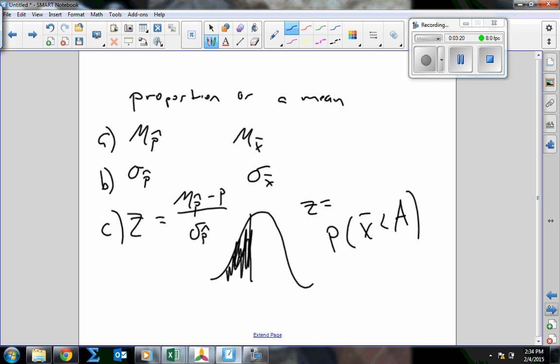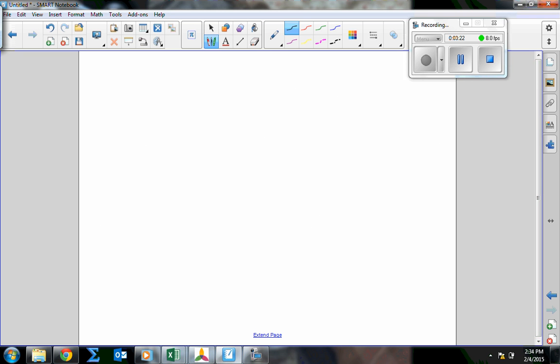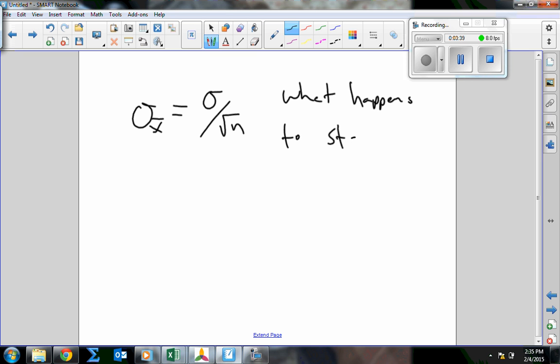Another reason it is imperative that you know the formulas is that you can comment on things like this. What happens to standard deviation as sample size increases?